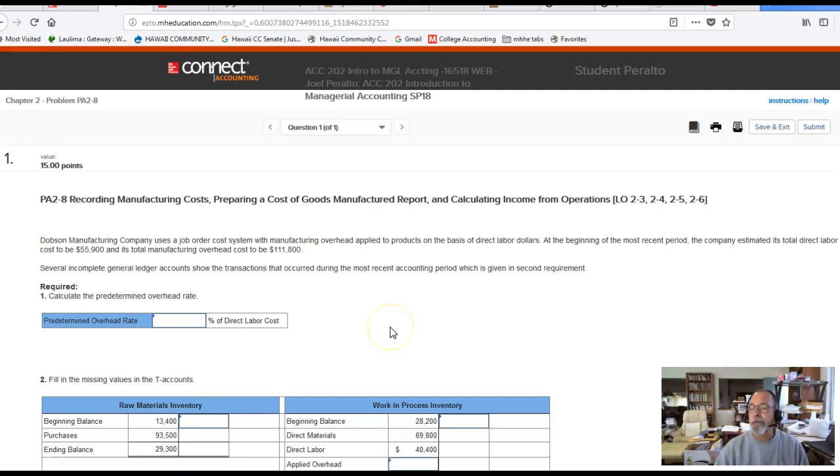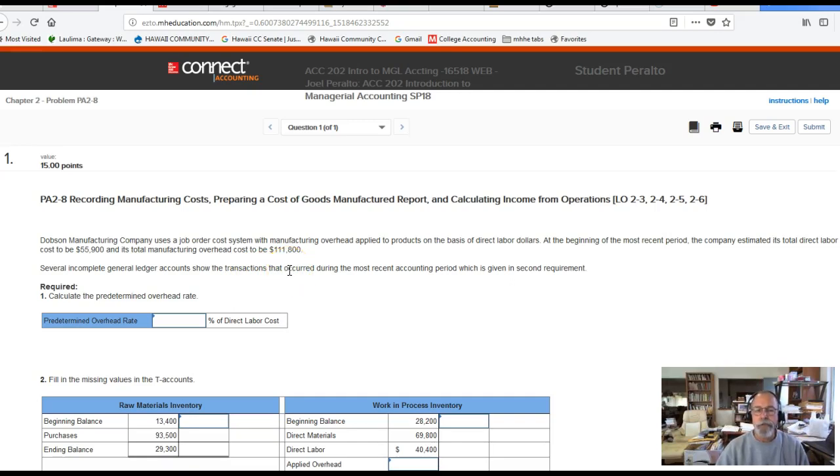At the beginning of the most recent period, the company estimated its total direct labor costs to be $55,900 and its total manufacturing overhead costs to be $111,800.